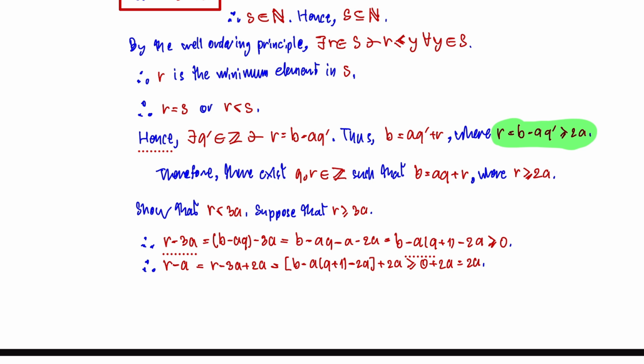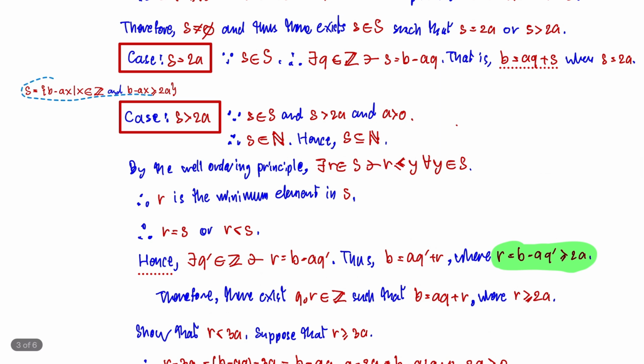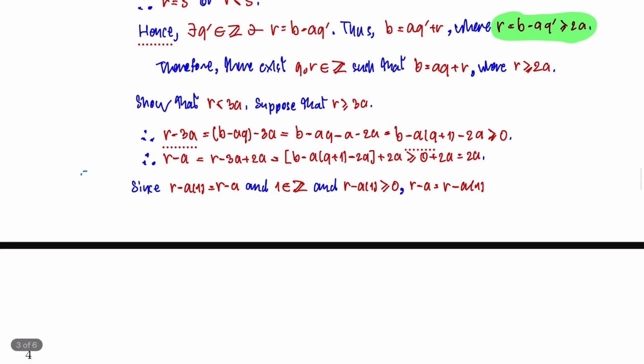So what do we have next? Since R minus A times 1, which is R minus A, and 1 is an integer, and R minus A times 1 is greater than or equal to 0, we have R minus A equal to R minus A times 1. Go back to set S again.